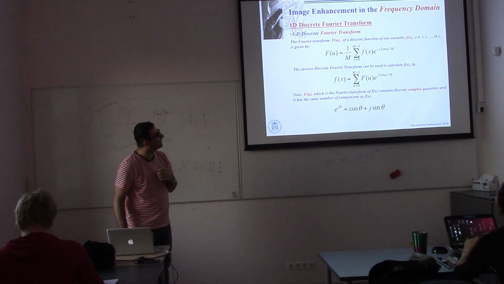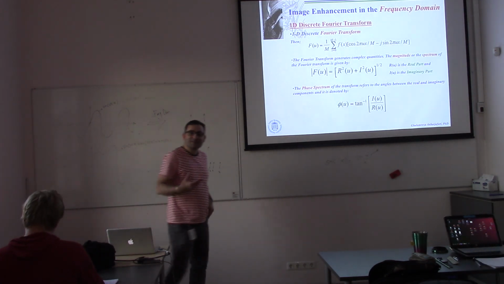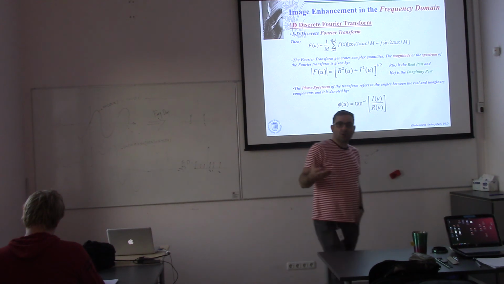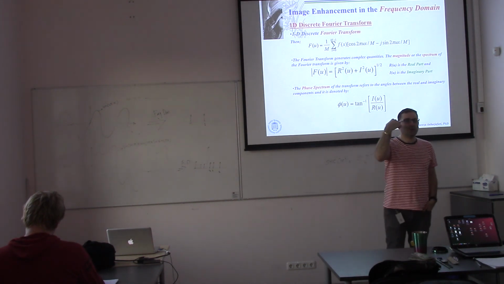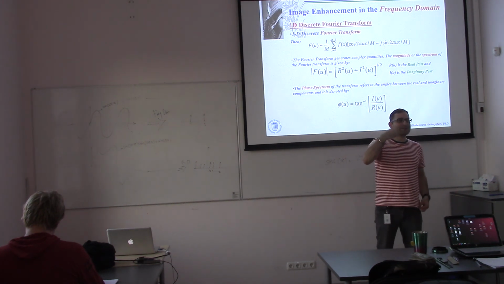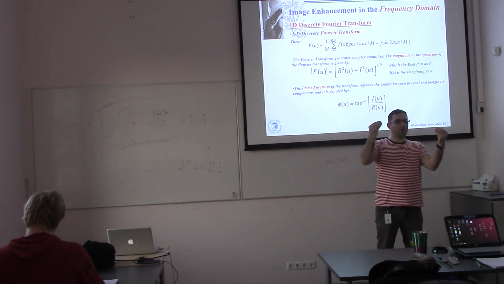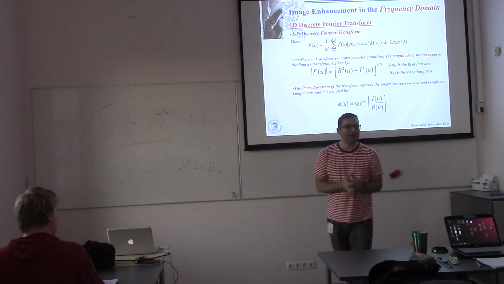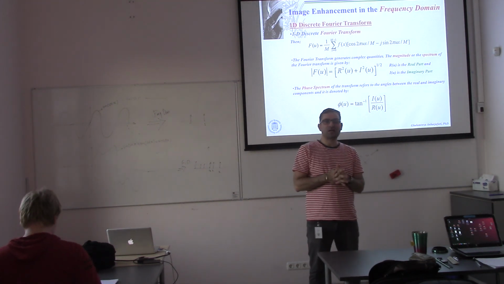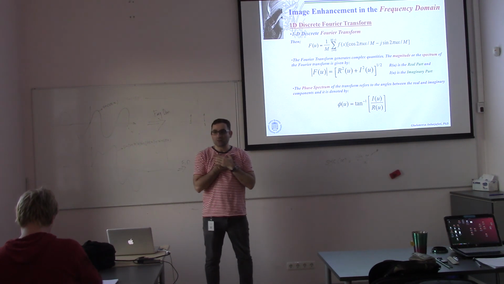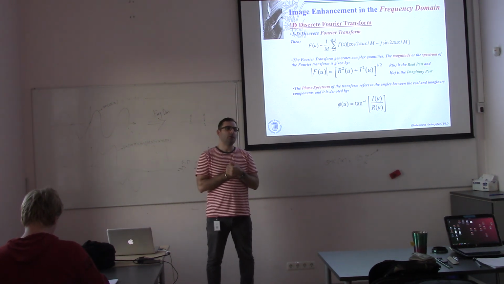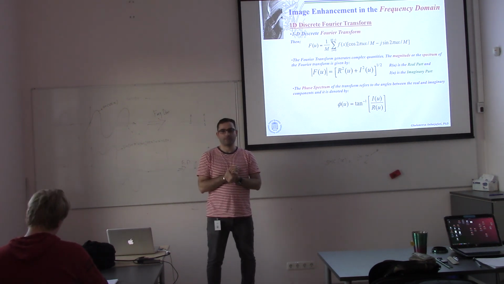Fourier representation. When we are representing a signal or an image from the time domain in the frequency domain, we are actually representing it by using two terms. One of the terms is called the magnitude, the other one is called the phase. What we care about in this course is the magnitude of this Fourier representation.